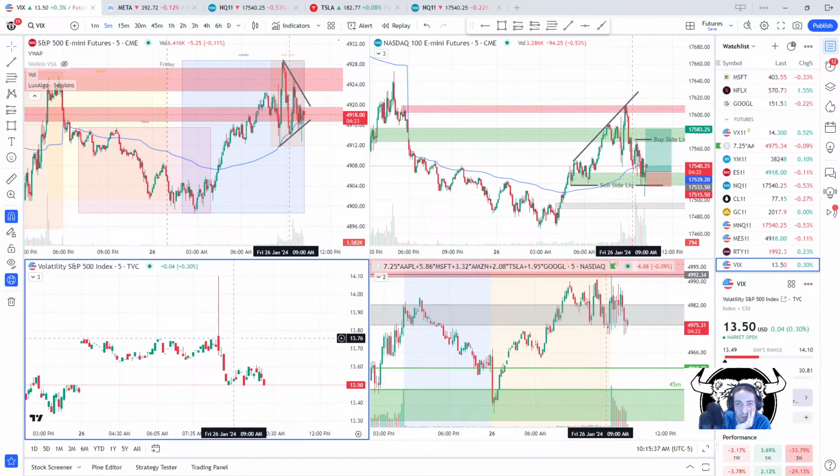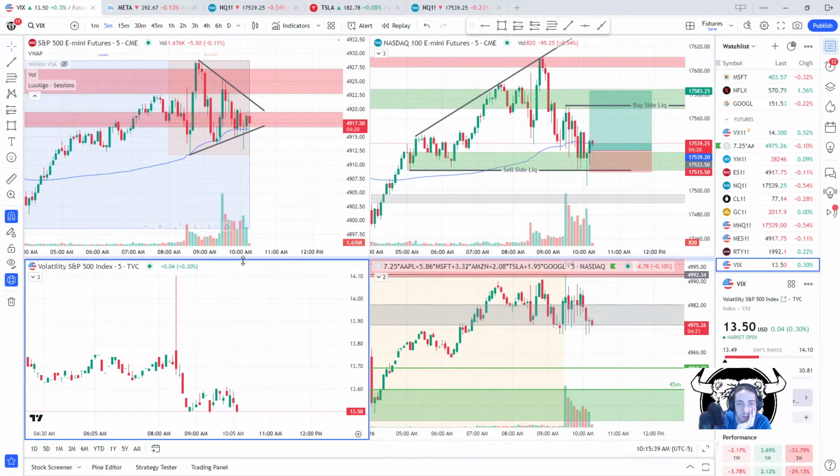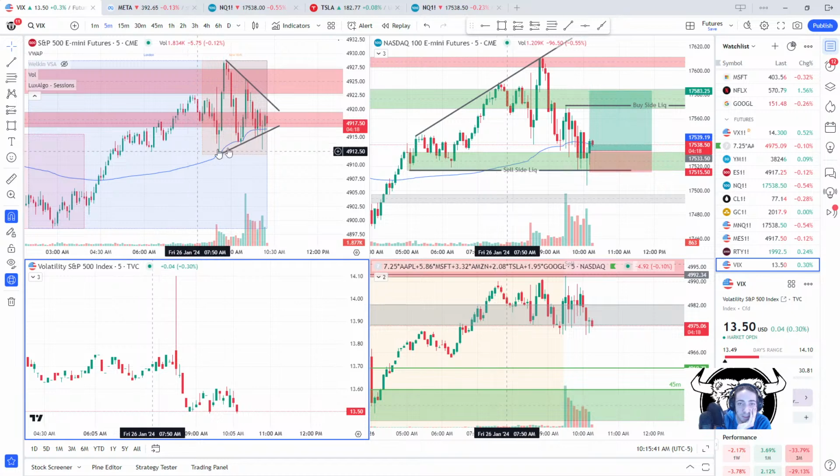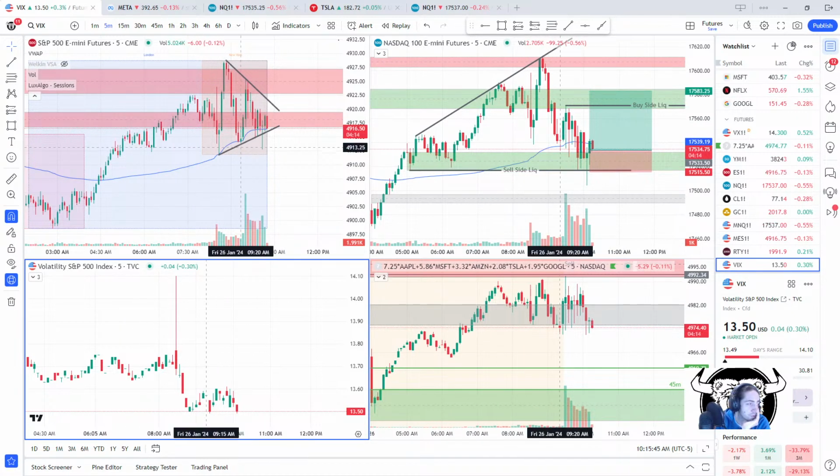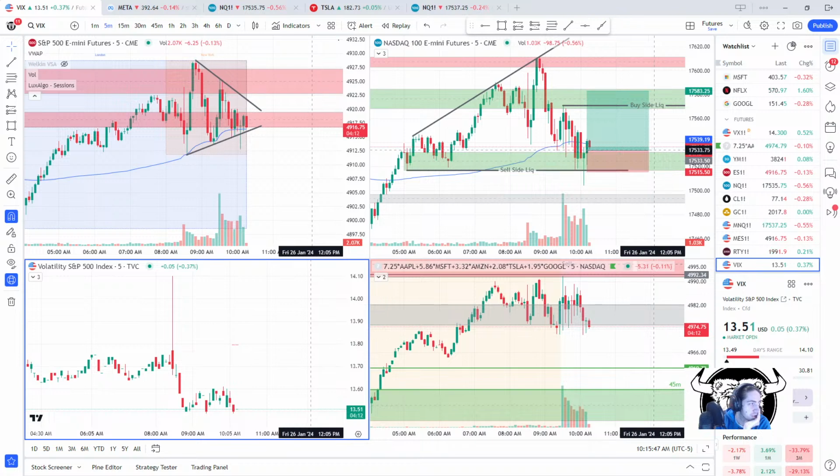VIX is trying to push lower, so that's good for the bulls. ES did not grab any buy or sell side liquidity. Sell side it would be. So again, let's just be a little careful. NASDAQ did. So divergence there too.